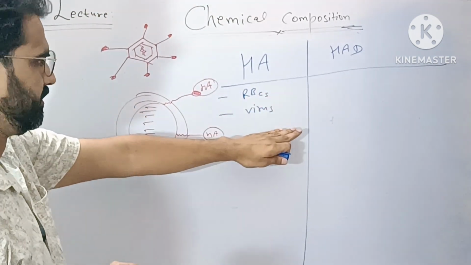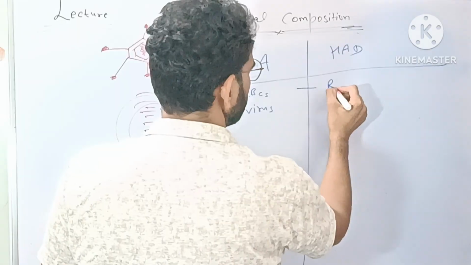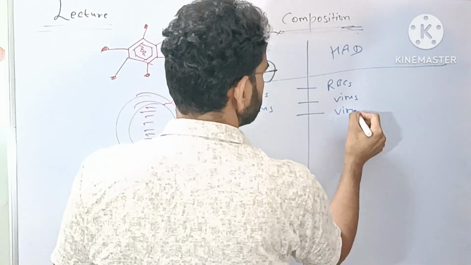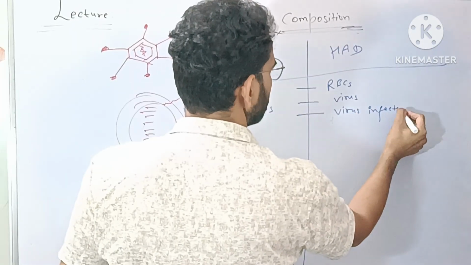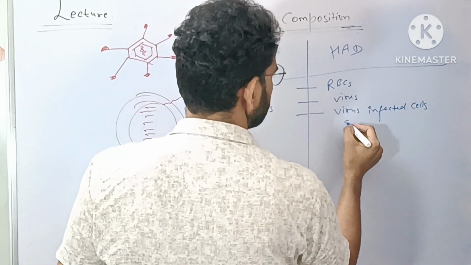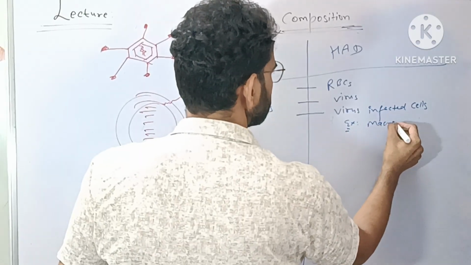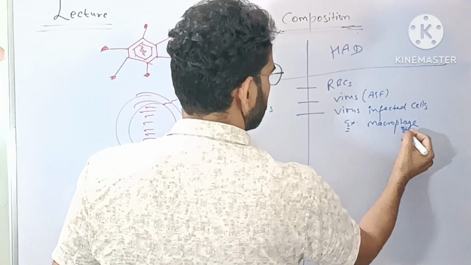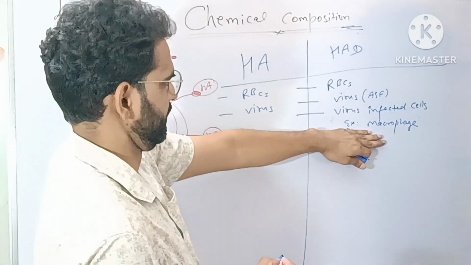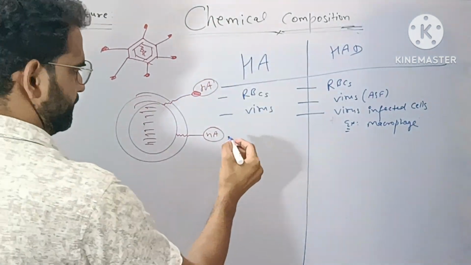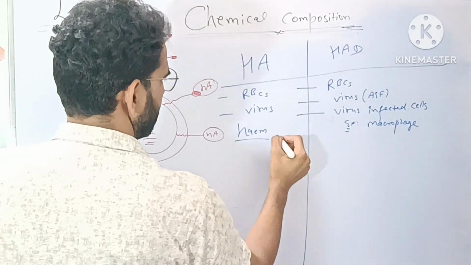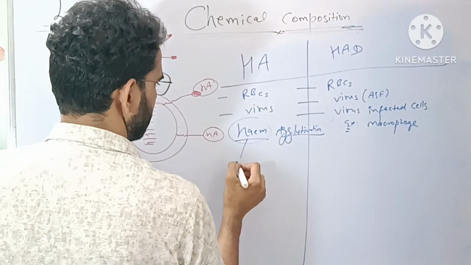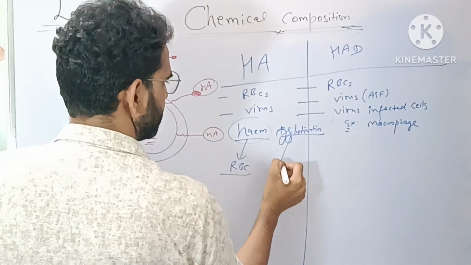There is a role of RBC and virus, and in hemadsorption, there is a role of red blood cells, virus, and virus-infected cells, for example macrophage in the case of African swine fever virus. So hemagglutination: heme means RBC and agglutination means their clumping.